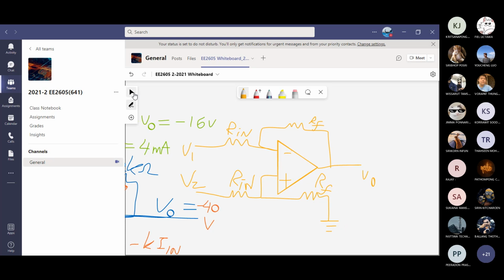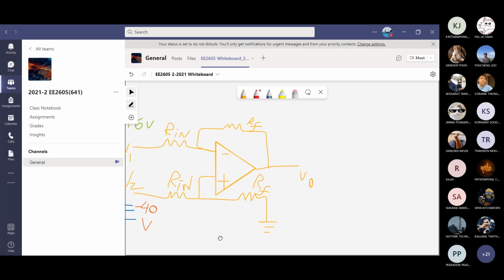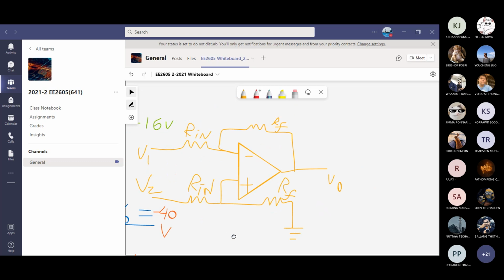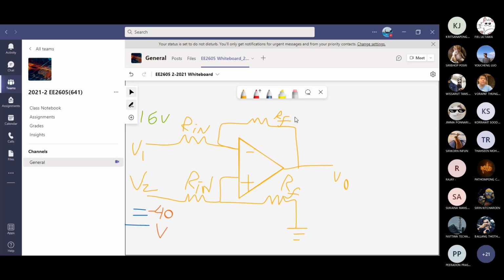What will be the output equation of this circuit? Let me zoom in a bit. This is a double-ended input. You have input on both pins, but not the same voltage, not the same polarity. I mean, same voltage, can be same voltage, V1 equals V2, possible, or different, but the polarity is definitely different.